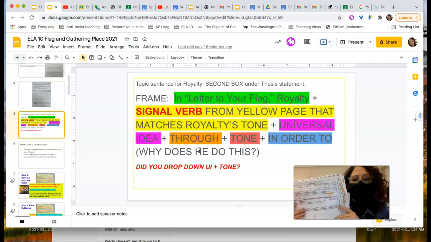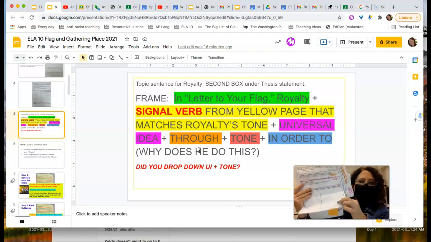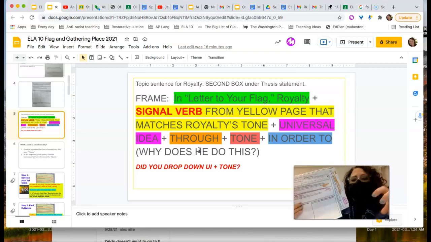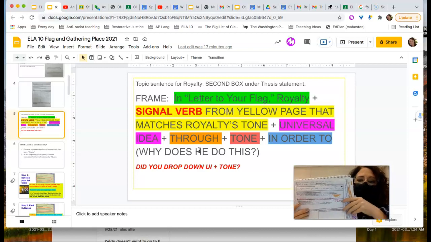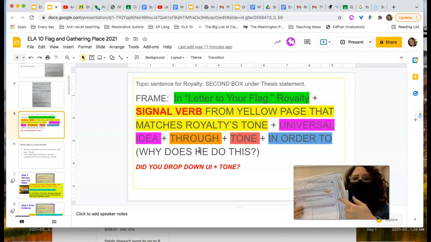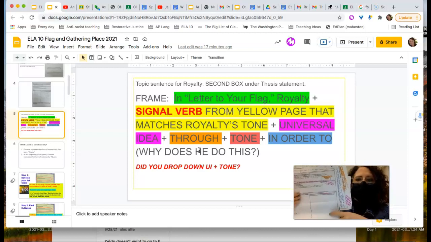When I say this, I mean this right here, okay, front and back for Royalty and Amanda, and what you've typed in on your Google Doc. Again, you're typing word for word, so you don't have to rethink or rewrite when you type. You're just typing what you see here. This right here is 50 points.